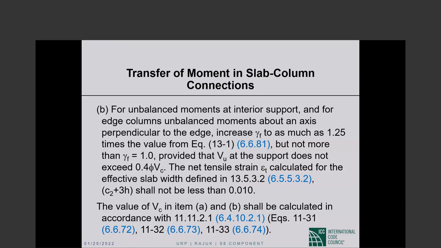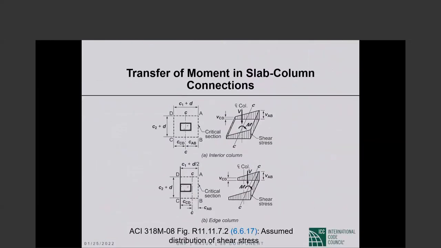Okay, if those two conditions are satisfied, then we can increase gamma sub f to 125% of gamma sub f. Again, that gives us flexibility. I showed you numbers yesterday, so that should be still fresh on your minds.